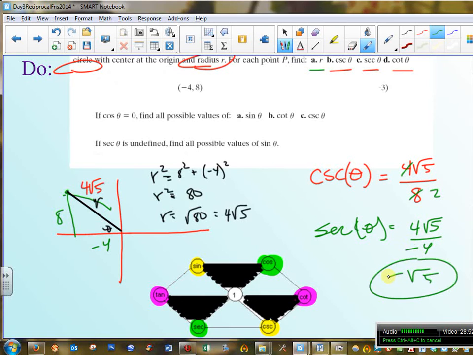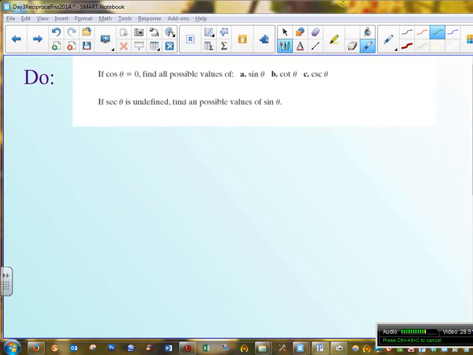And then the last one there, cotangent of theta, reciprocal of tangent. Instead of being opposite over adjacent, it's adjacent over opposite, so it's -4 over 8, which is -1/2.